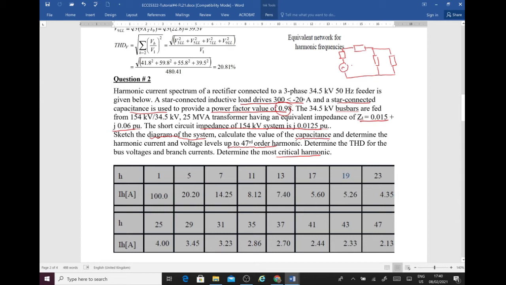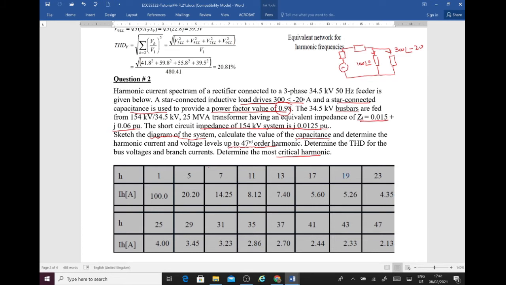So this is without the capacitor bank, because to find the capacitor bank, we need to find what will be the power factor of the system. Initially, this one takes a current of 300 with angle minus 20, and the rectifier takes a current of 100 ampere with angle 0. Nothing is given about the phase angle, so we can take it as 0.